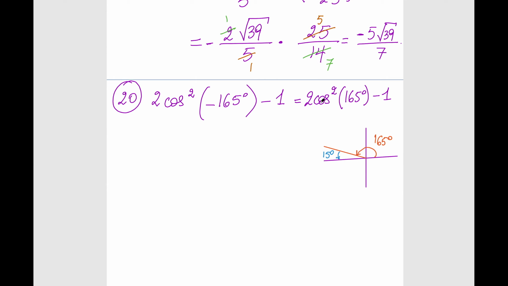So we're going to appeal to one of the formulas we just learned, one of the double angle formulas, and this looks to me, this is the same as 2 cosine squared theta minus 1. If you think about 165 degree as theta, so this becomes 2 cosine squared theta minus 1.